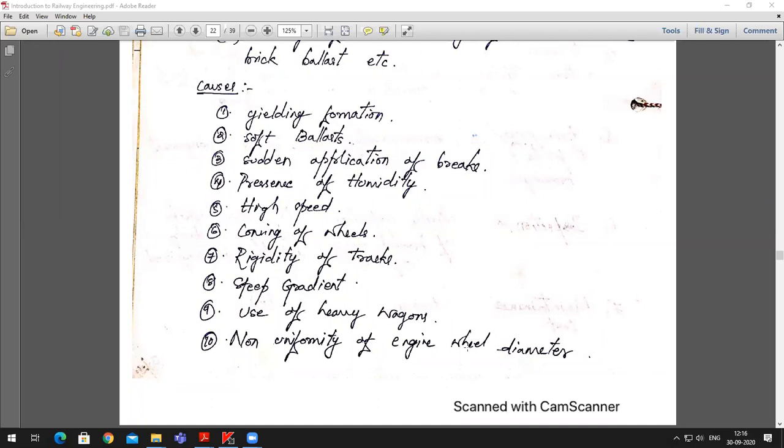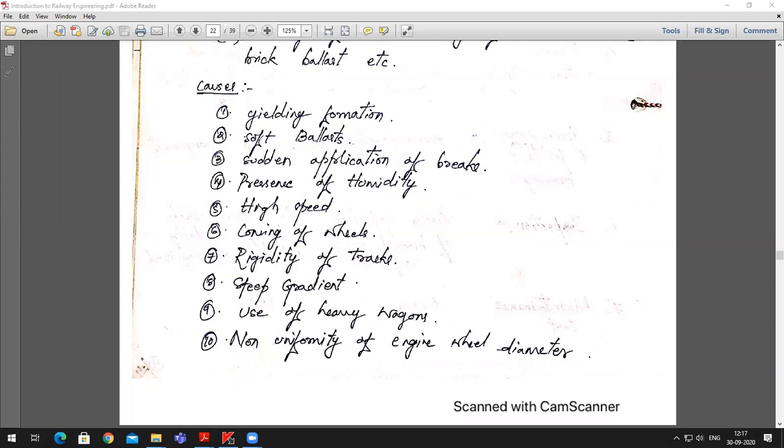Similarly, even if the wheels of the train are metallic, they are expected to wear out over a period of time. Okay, so when they get worn out, the difference in the diameter, say the left wheel is new and the right wheel is old, so obviously there would be a difference in the diameter.